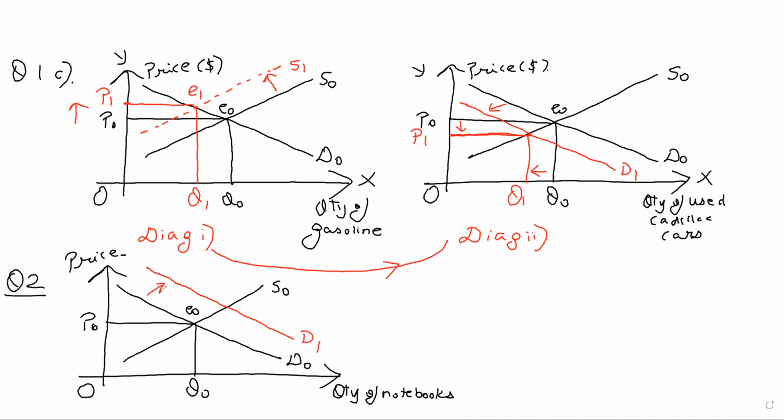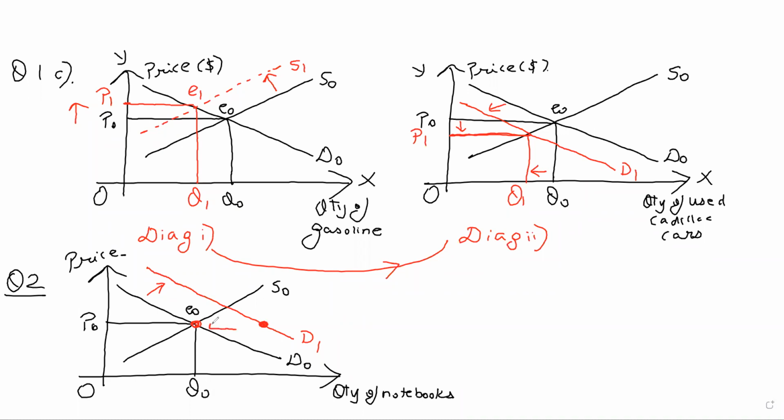So an increase in demand for notebooks raises the quantity of notebooks demanded, but not the quantity supplied. Is it true or is it false? So you can clearly see this statement is false. Why? Because when demand for notebooks goes up, now guys, at the same price, this is my demand, this is my supply.